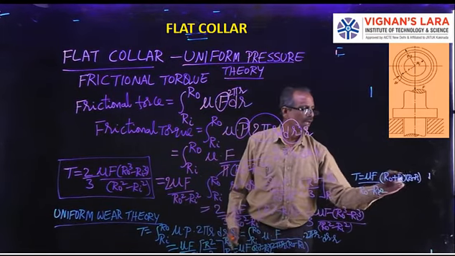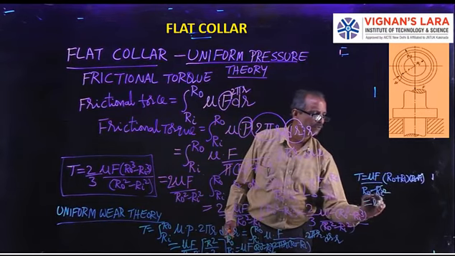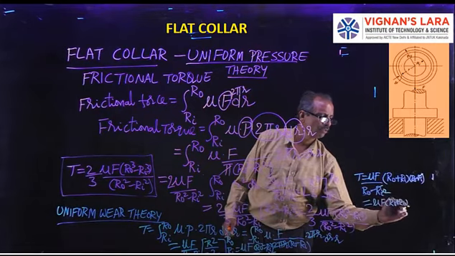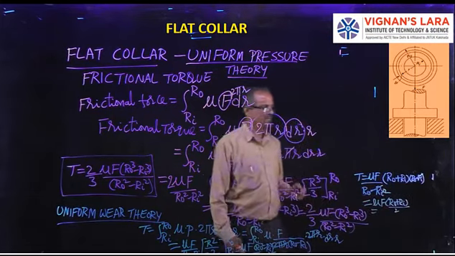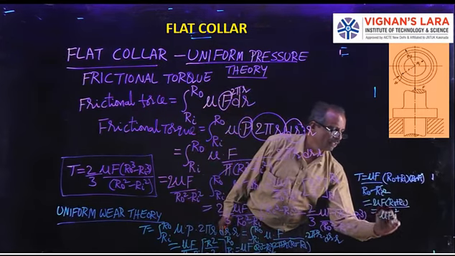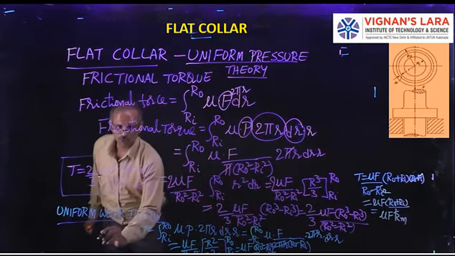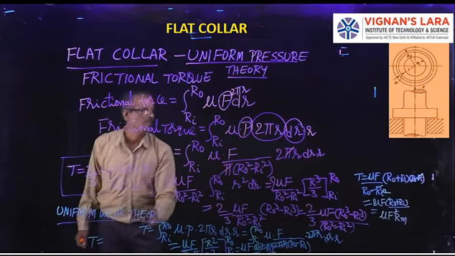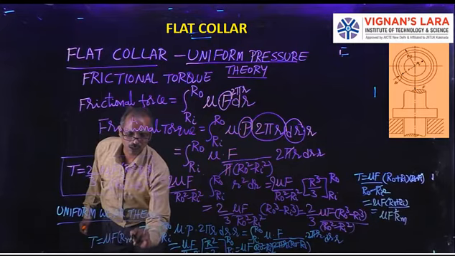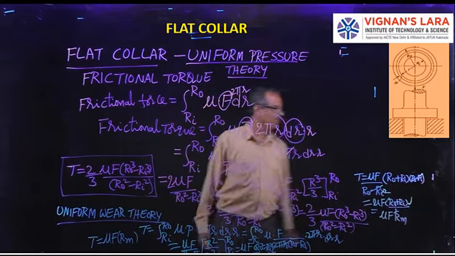So r naught minus ri gets cancelled. Then it will be mu F (r naught plus ri) by 2. What is (r naught plus ri) by 2? That is the mean radius. So you can write mu F into r mean. So using uniform wear theory, T is mu F r m, or mu F into (r naught plus ri) by 2.